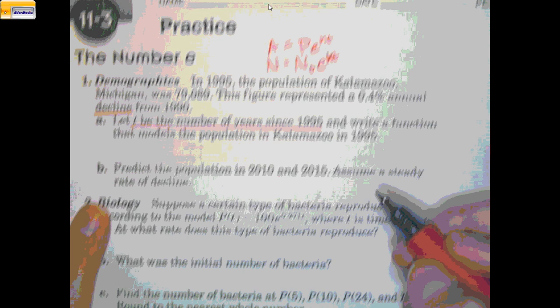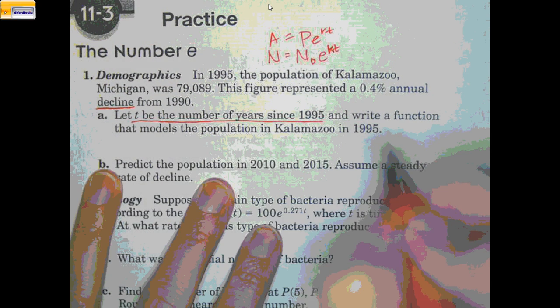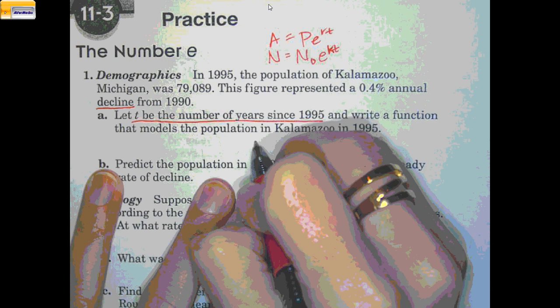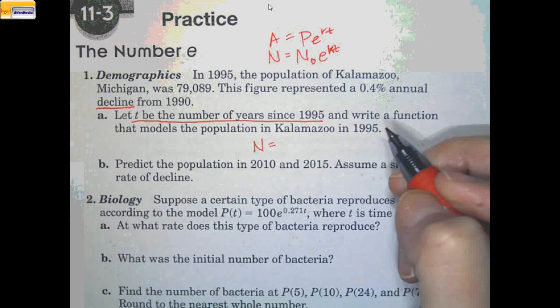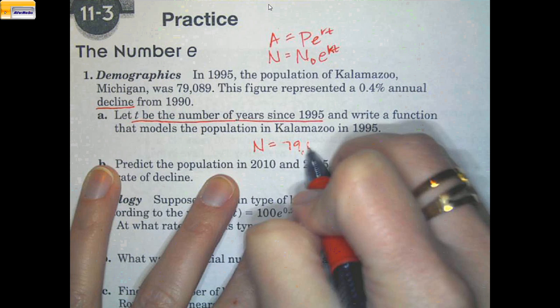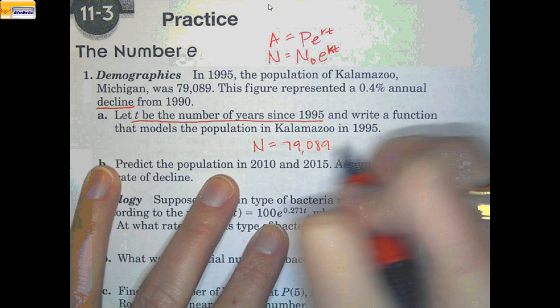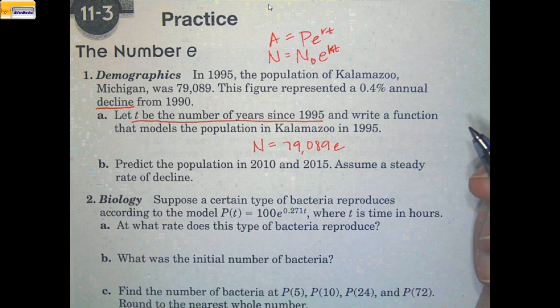So let's look at this. We have to come up with some sort of function here. So we have N equals, how many people are initially in Kalamazoo? Good, 79,089 times e to the k, or rate. What do I put for rate?